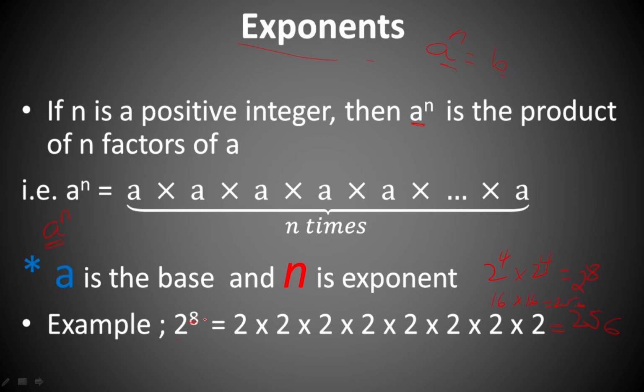That means 2 to the power of 8 is equivalent to 256. So in this context, 2 is the base and 8 is the exponent. This is the way to solve it.